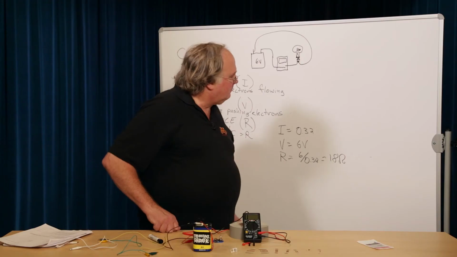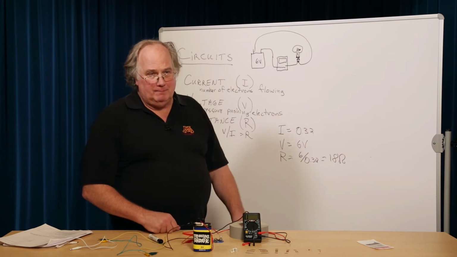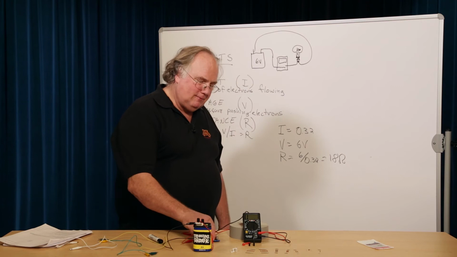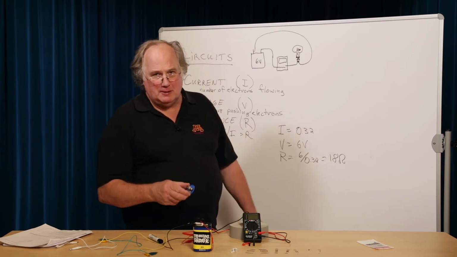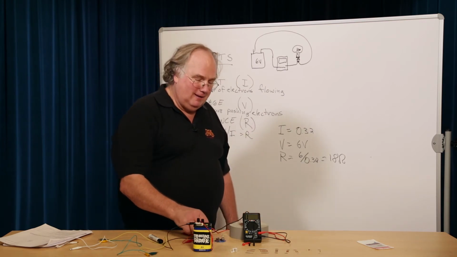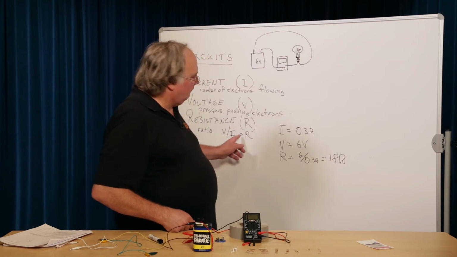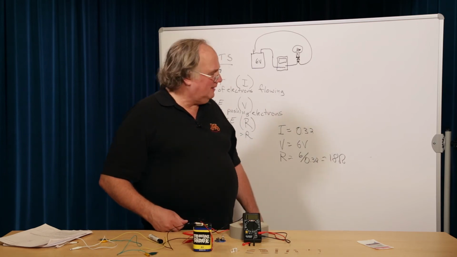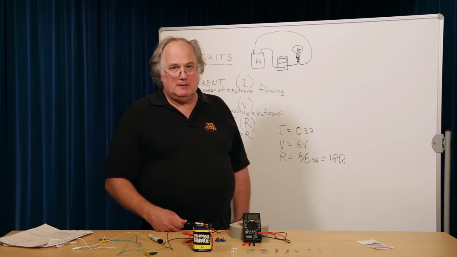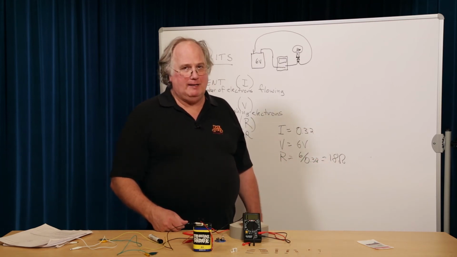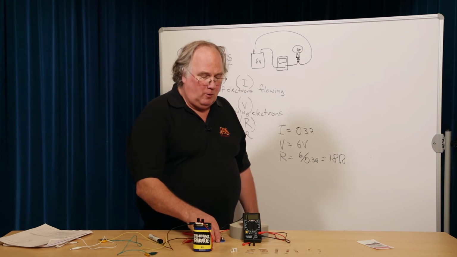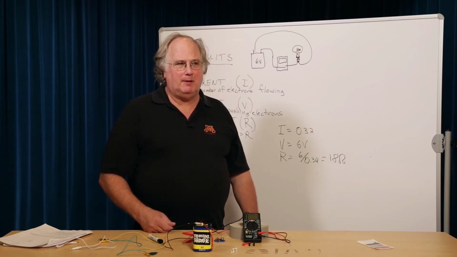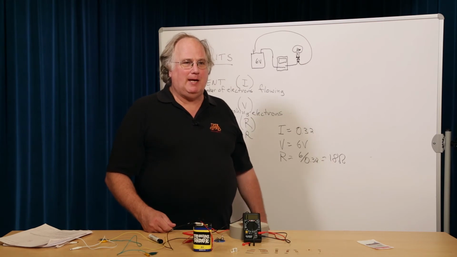It's quite a bit different from 18. Why is that? Well, it's basically because the flashlight bulb is a lousy resistor, and it doesn't follow this rule very well. As it gets hot, the resistance in it increases by almost a factor of 10. This is why when you buy resistors, they don't sell you flashlight bulbs, they sell you something else.